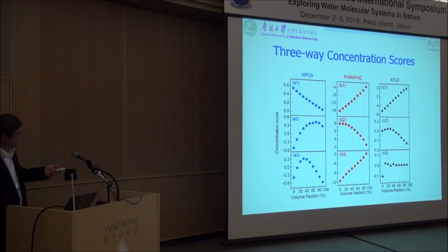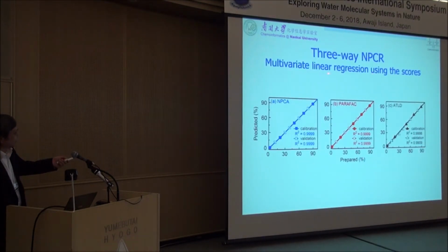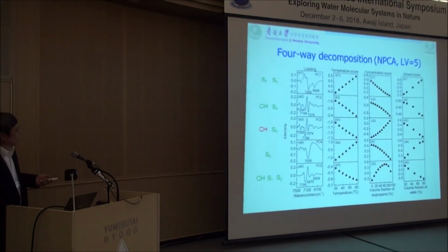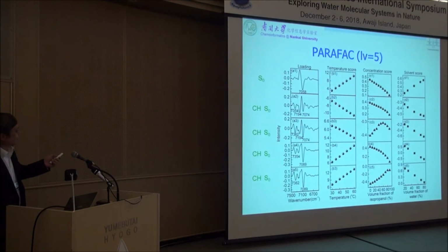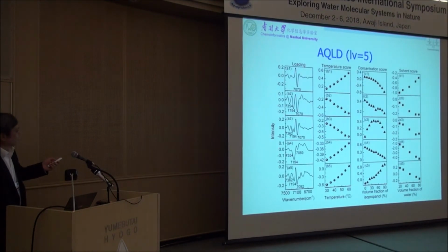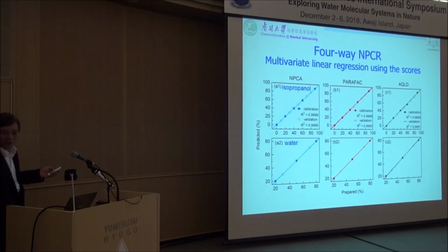And even if we use multiple linear regression, we can get very good quantitative information from the spectra. This is the result for the 4-dimensional data. I have no time to introduce it. We have a poster. Maybe we can discuss it in the poster session.